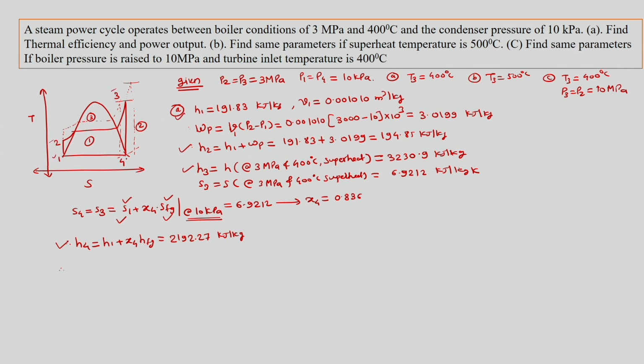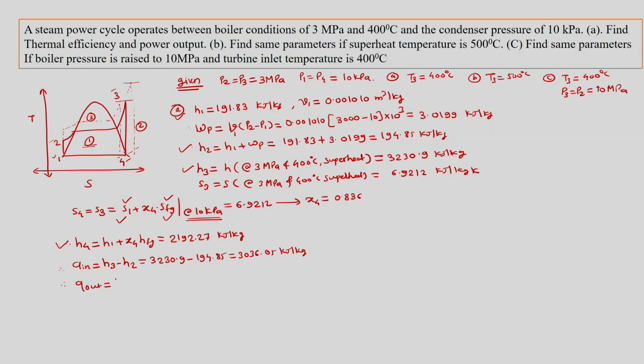So all corners are known for example number 1. So we have Q in is equal to H3 minus H2, which is 3230.9 minus 194.85. So this is 3036.05 kilojoule per kg.